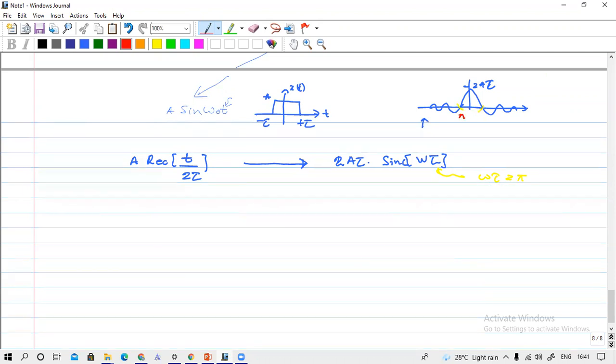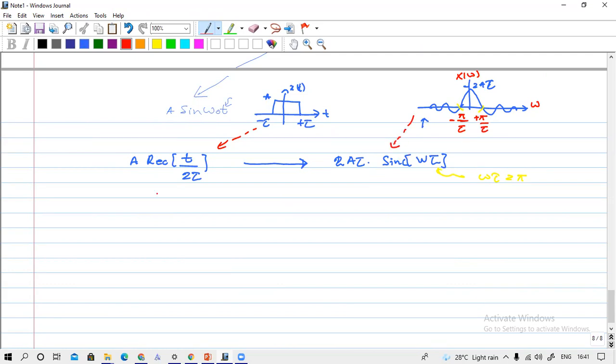So here it is minus 5 by tau and plus 5 by tau, correct. This is sin omega and this is x omega. So for this rectangular pulse, we have this kind of frequency spectrum.